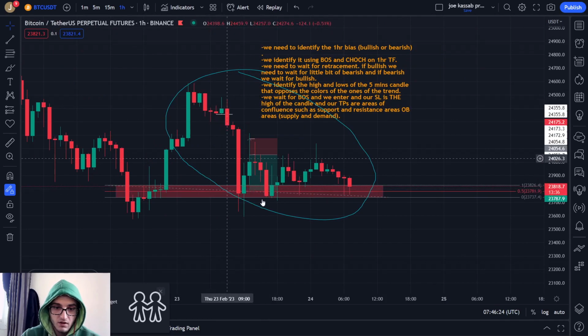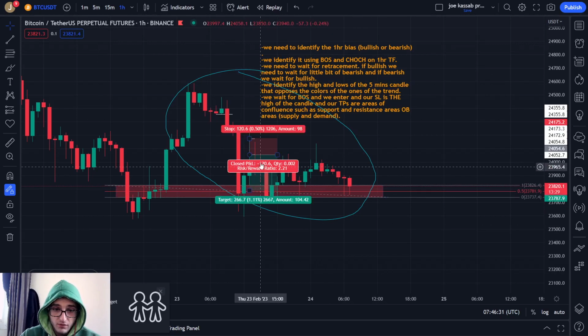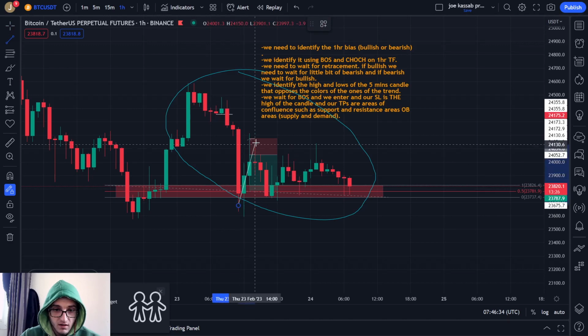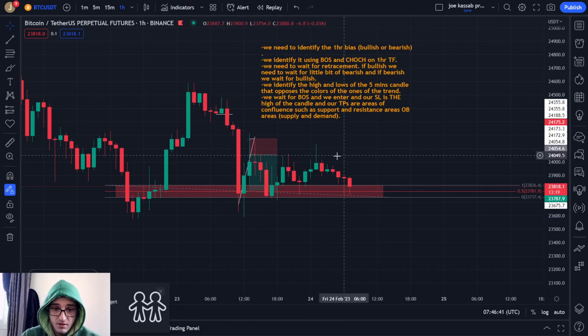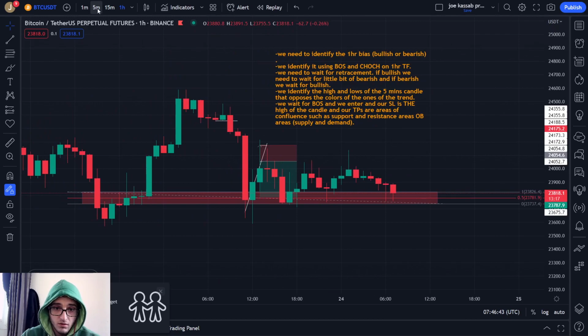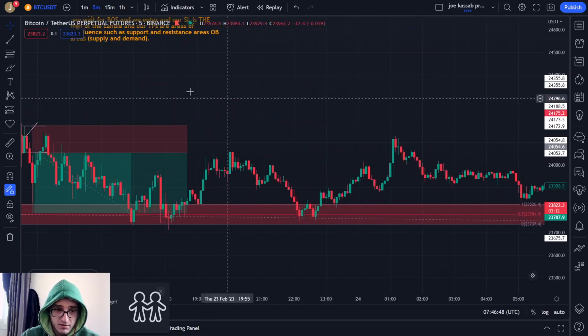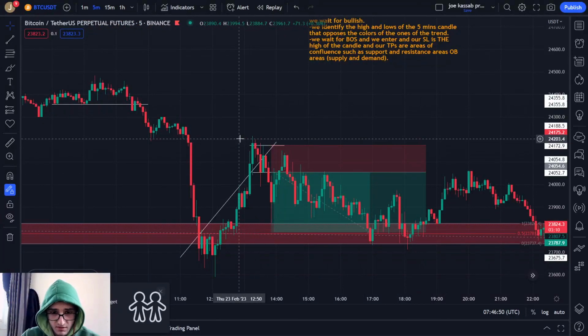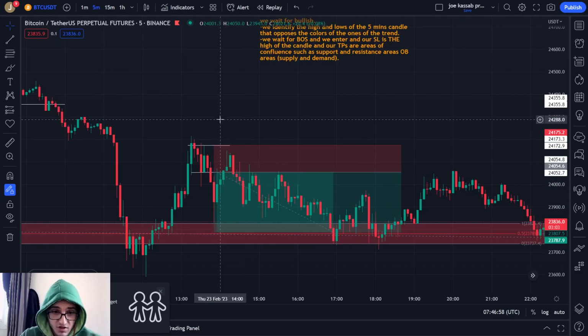Okay, so we went to the downside. Since we know that we are in a 1 hour bearish bias, so we need to wait for retracement, and this is a type of retracement. Okay, so this is a type of retracement, and we go to the 5 minutes. So as you can see, we had a retracement, 3 candles downside, and we have a bullish candle.